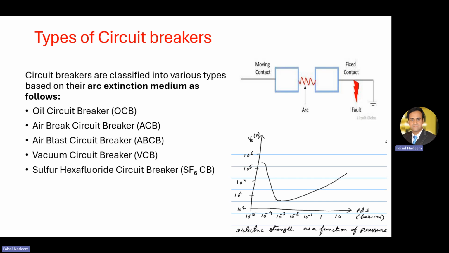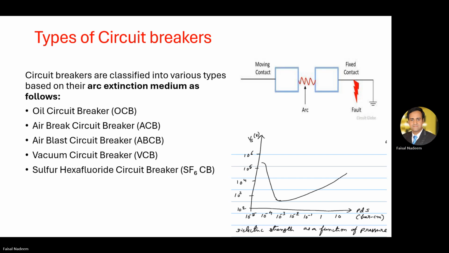So these are the different types of breaker based on the arc quenching medium used inside. The oil circuit breakers can further be divided into bulk oil circuit breaker and minimum oil circuit breaker. We will discuss these breakers in detail one by one in the upcoming lectures.